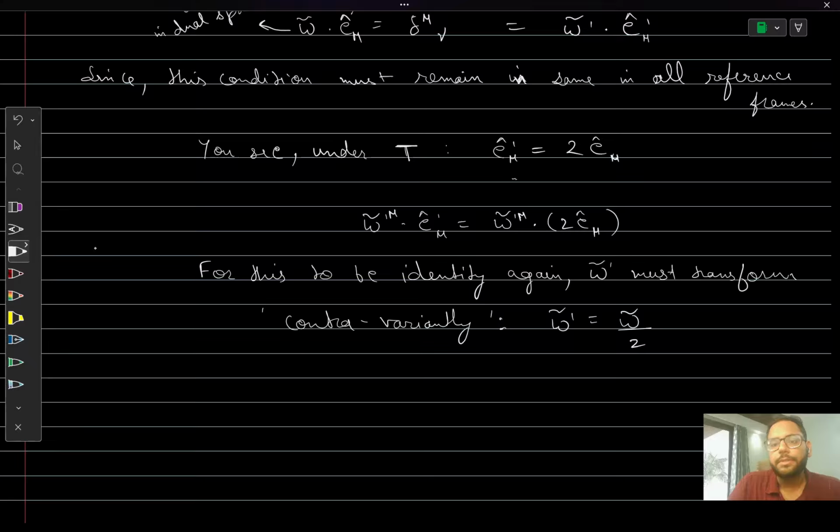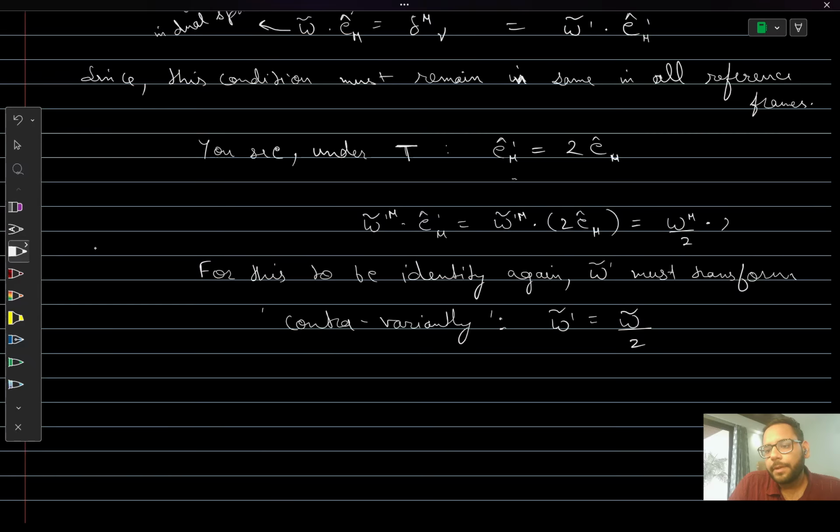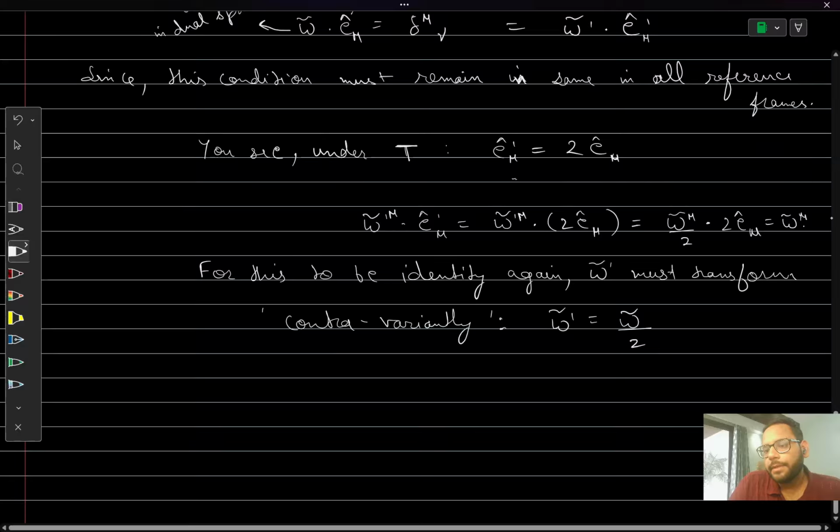Here this will equal this multiplied by this, and it will remain the same, invariant.